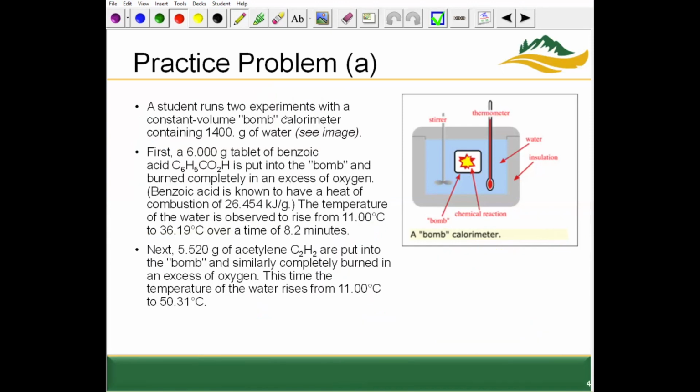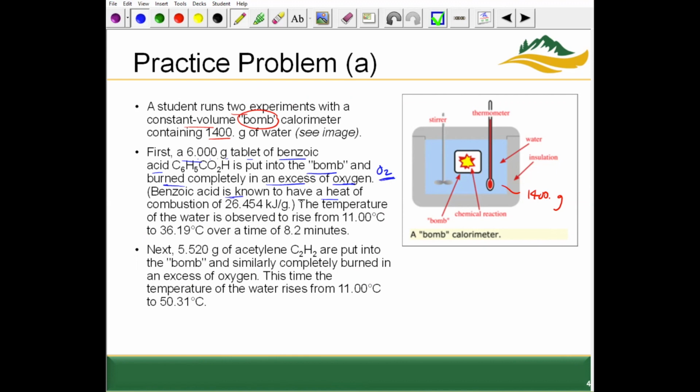We have a student who runs 2 experiments with a constant volume, which we know is a bomb calorimeter. This contains 1,400 grams of water. In the first experiment, a 6.000 gram tablet of benzoic acid is put into the bomb and burned completely with an excess of oxygen. Oxygen is one of our Brinkelhoffs, so it exists as a diatomic.